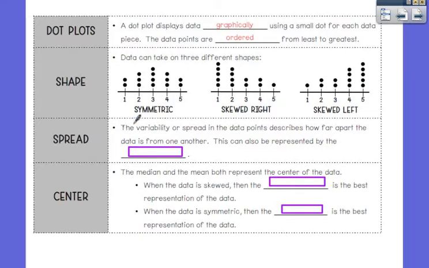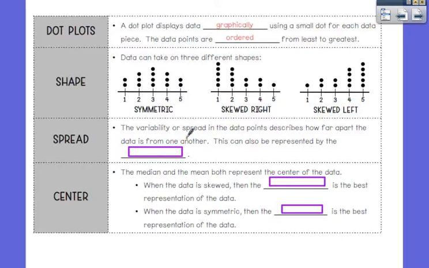The spread is the variability in the data points, and describes how far apart the data is from one another. So if I was taking a list of everyone's age in here, most students are 11, 12, some of us are 13, but if I had a 5-year-old come in here, that messes up the spread of my data because I was going from 11 to 13 or 14, and then I have a 5-year-old come in.